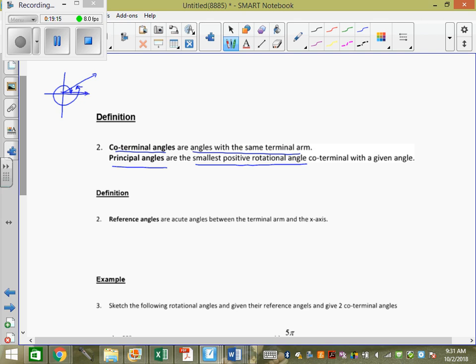This is 410 degrees, which is how many degrees then? From here to here? 50. So the principal angle would be 50.